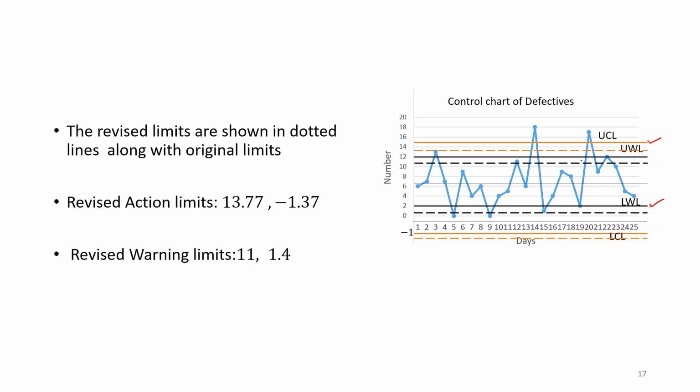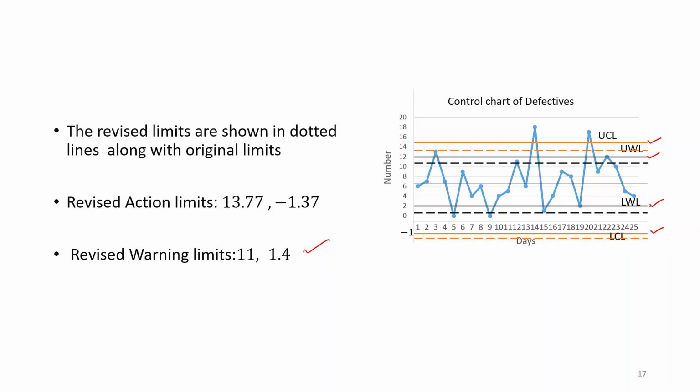You can see that there is a change now. These are my new action limit and warning limit. So you can remove the original firm lines from the chart, and we'll take these dotted lines as the new limits of the control chart, action limit and warning limit. This is how we should revise.